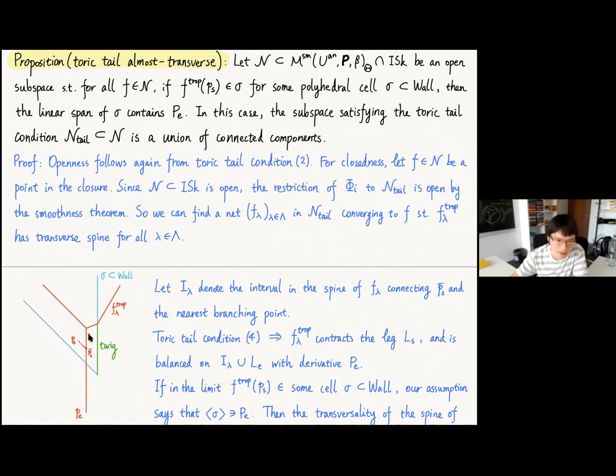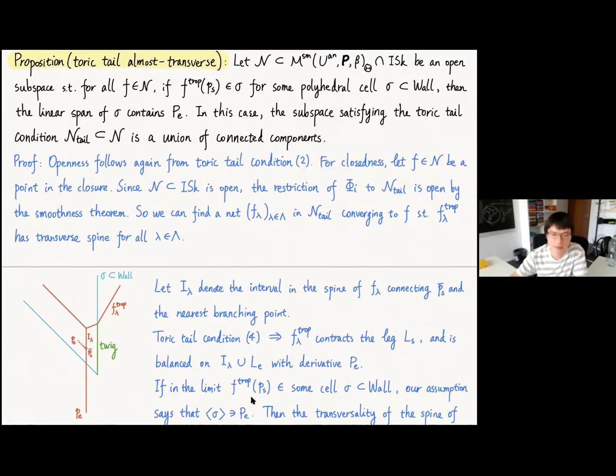But since the nearest branching point is a bit away from PS bar, by the balancing condition at PS bar, we see that moreover, this part, I lambda, is also balanced everywhere, also containing I lambda with the good derivative PE.